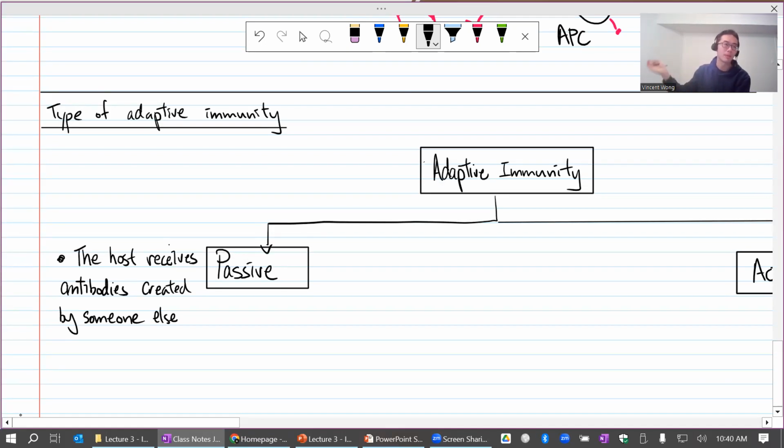Doesn't have to be someone, it could be something else, but the point is they receive it. So you don't have to make your own antibody. Someone's going to give it to you. This is going to give you immediate but short-term protection.